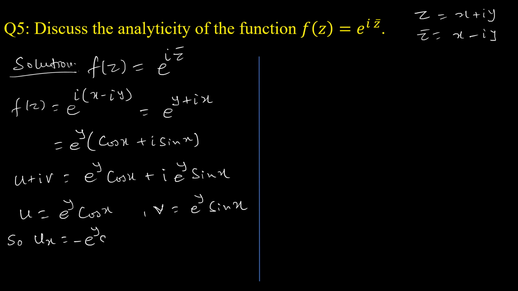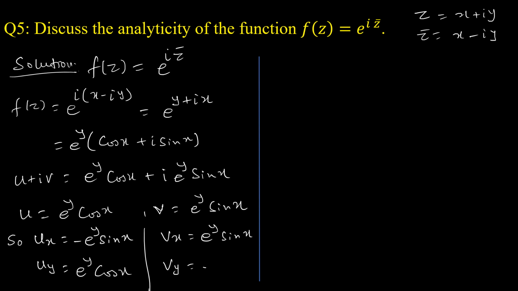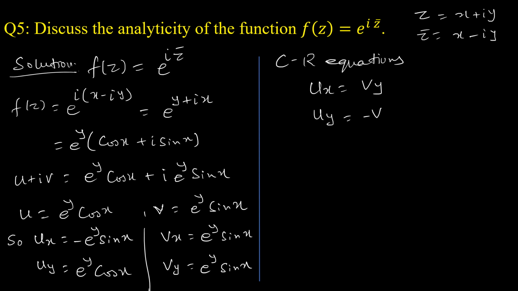Minus e to the power y sin x, differentiation of cos x, and vx will be what? e to the power y sin x. uy, it will be e to the power y cos x, and vy will be e to the power y sin x. As we know from the CR equation discussed earlier also, CR equations are ux is equals to vy and uy is equals to minus of vx.